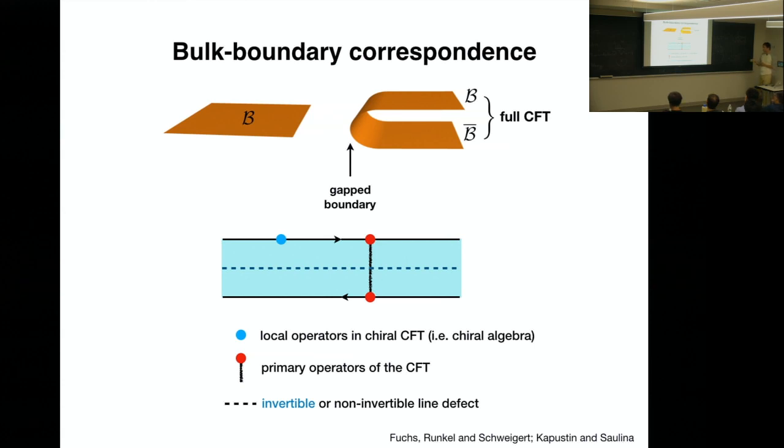This could be invertible or non-invertible. In the case of maximally extended chiral algebra, this must be an invertible line, so it's a symmetry defect line, basically. So this picture was advanced in, again, I'm not sure this is a complete list of references, but in this paper by Fuchs and also by Antón.